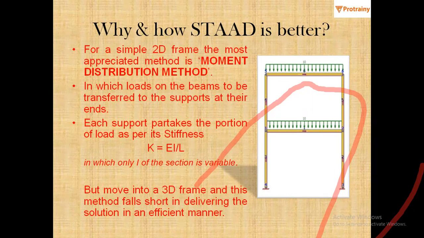Then comes modulus of elasticity, E. Modulus of elasticity depends upon the material, whether you are using concrete, whether you are using RCC, or whether you are using steel. So it depends upon the material. So whatever material you are going to choose, उसका जो modulus of elasticity है, it is going to stay the same. भैया मैंने steel choose किया है, तो steel का जो है वही लेना पड़ेगा.